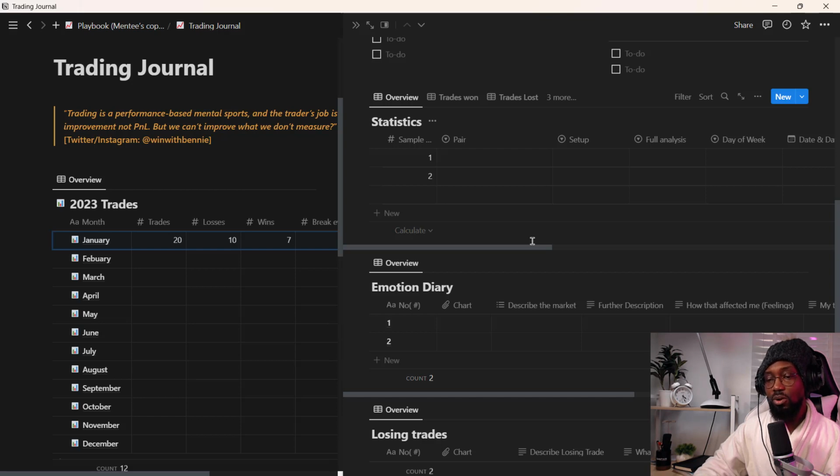So if that month, let's say you're trading a $100,000 account, you gained $30,000 but you lost $10,000, your profit factor is going to be $30,000 divided by $10,000. So that's 3. So it's greater than 1.3.